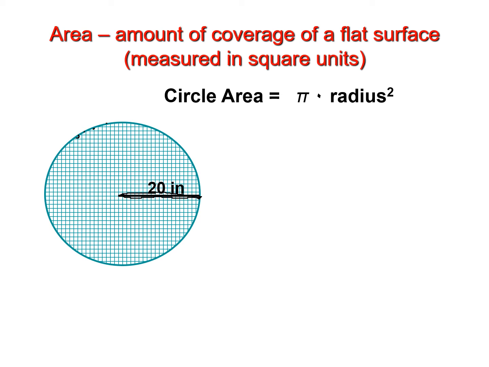So your formula, pi times radius squared, my radius is 20, and you square it. So for the ACT, of course, this would be 400 pi, because you don't put the pi in the calculator.